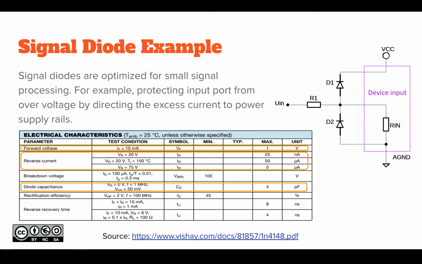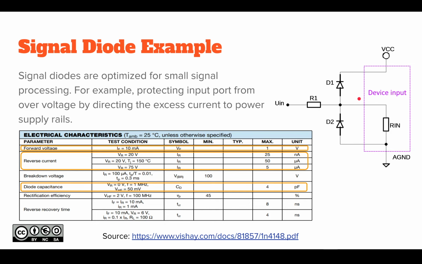So with signal diodes like that, if the input voltage is something like 10 volts or so, then most of the current would go through that diode to VCC. And the voltage at this point would be just that diode voltage drop plus VCC.